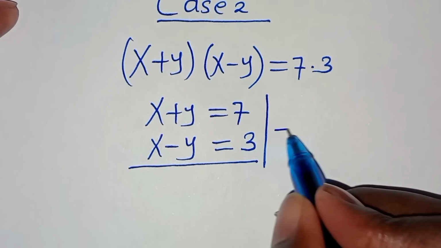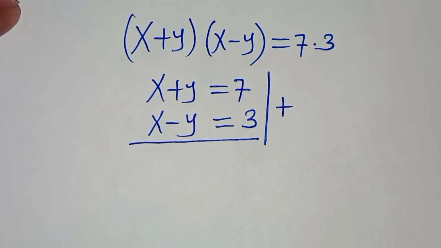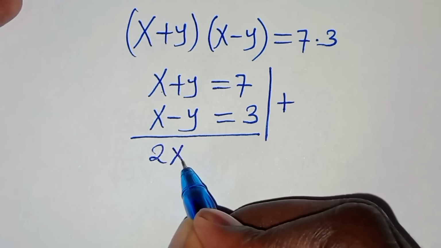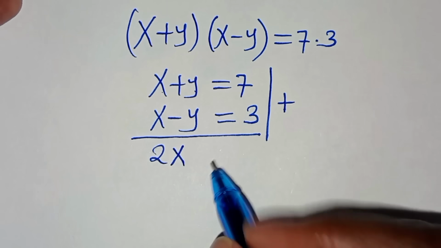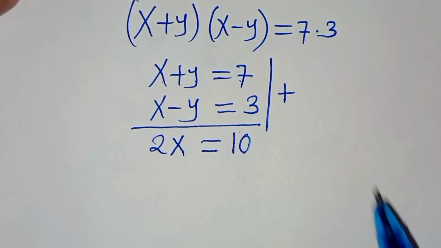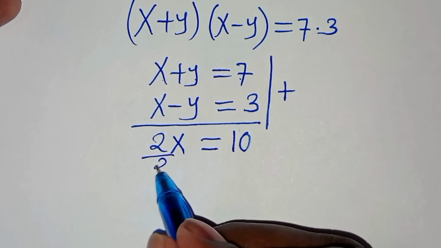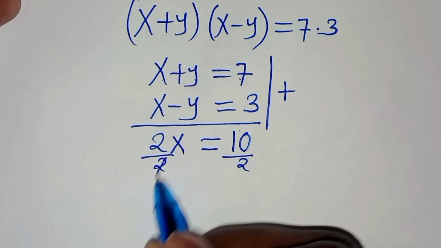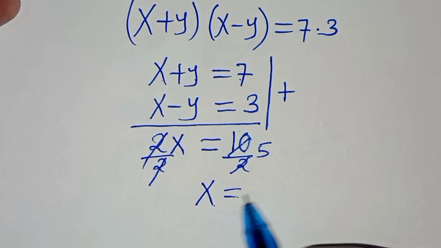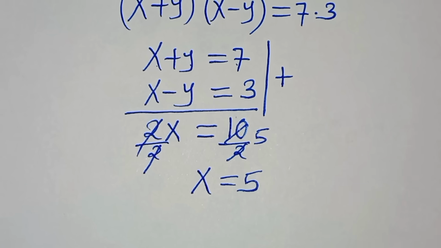Let's add these two equations. x plus x is 2x, y plus minus y simplifies, then 7 plus 3 is 10. Let's divide both sides by 2, and we have that x is equal to 5.